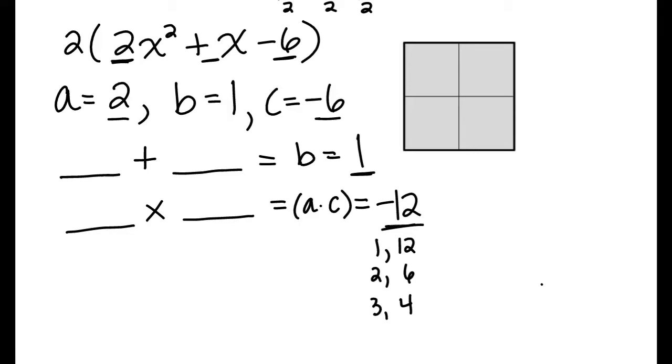So I'm going to pick this 3 and the 4, but one of them has to be negative because that 12 is negative. So which one would give me a positive 1? Negative 3. Because it's positive, I want my bigger number to be positive.